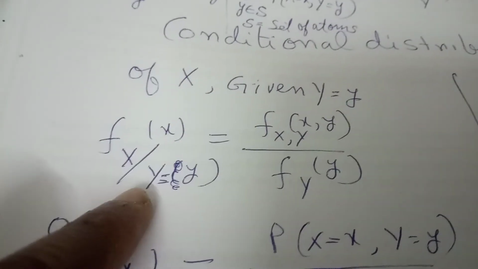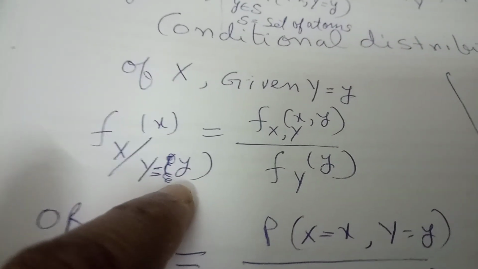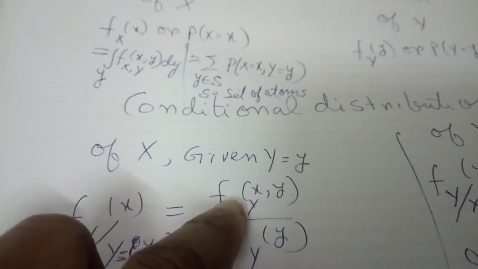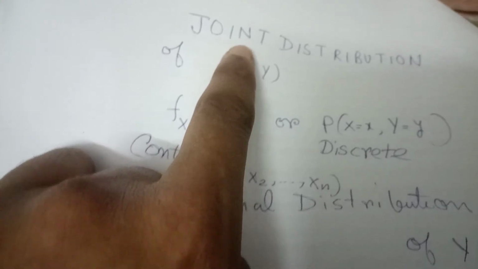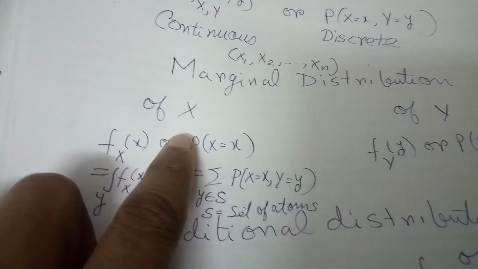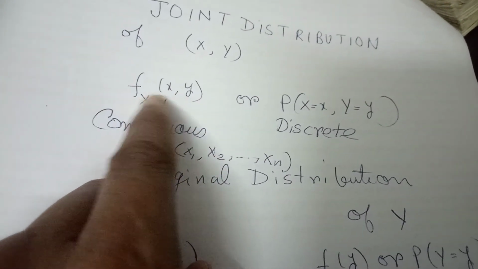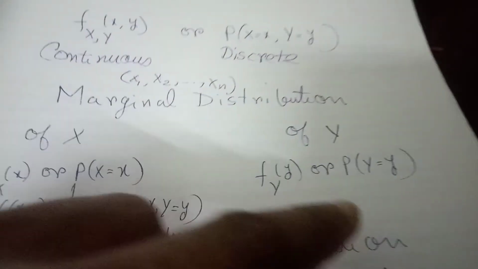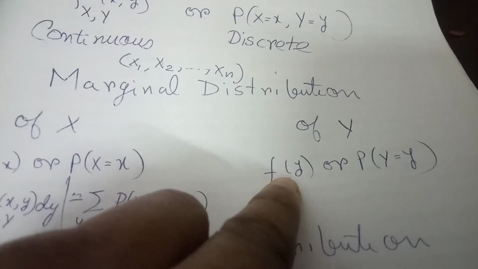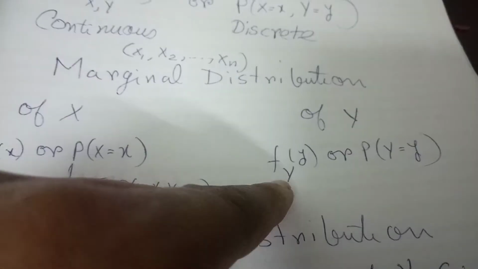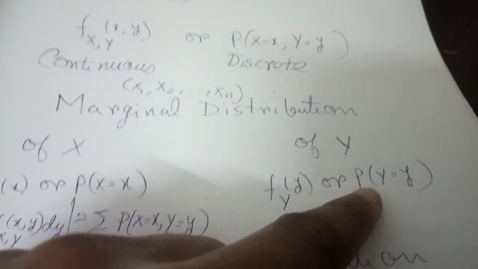And then you can have the conditional density also defined in this fashion. Conditional density is basically the ratio of the joint distribution by the marginal distribution. So when you are fixing y, you have to divide the joint density or the joint probability mass function by the marginal distribution of y, that is, the marginal PDF of y or marginal PMF of y.